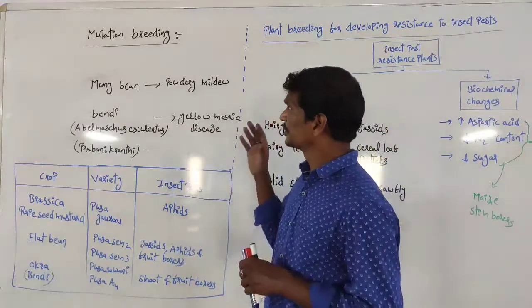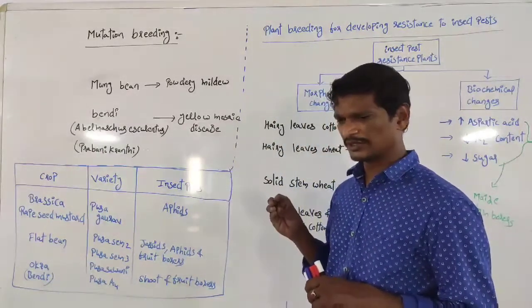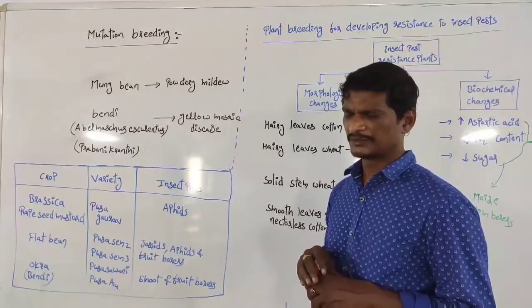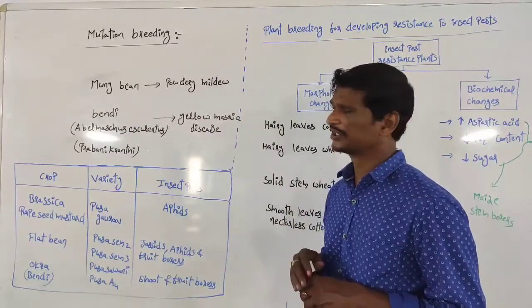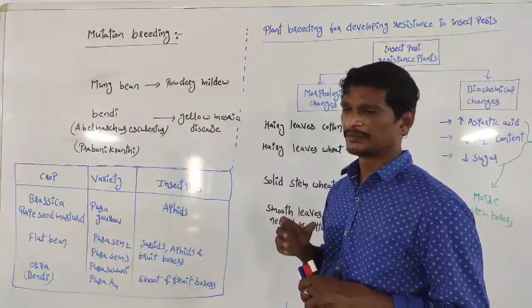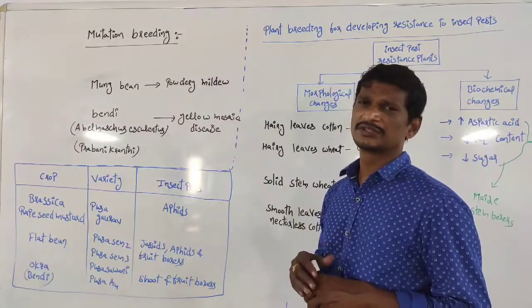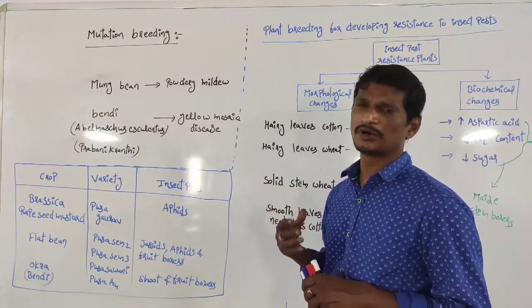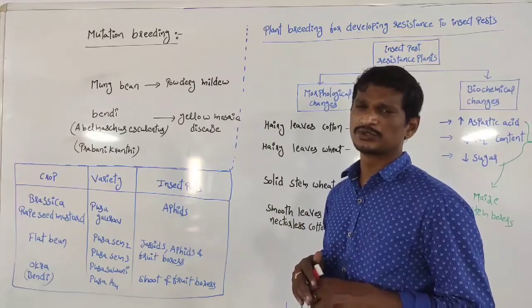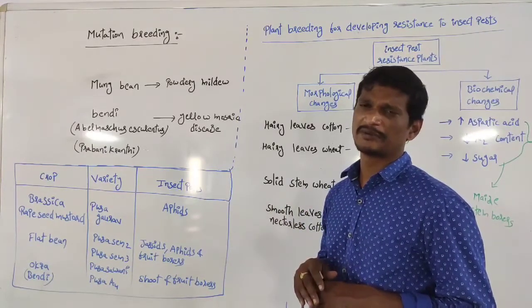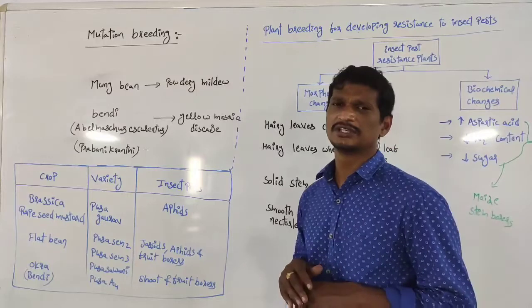So mutational breeding is one of the best techniques. Some scientists also follow this method. In this method, the plant parts, maybe the seeds, the leaves, the root, or the stem, are exposed to mutagens.